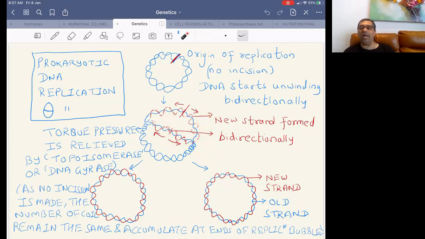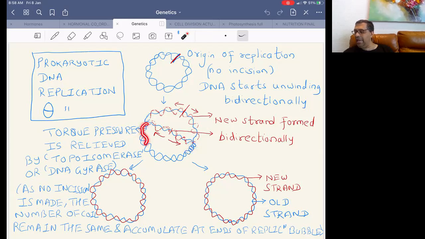Torque pressure relieve हो जाएगा, and then the cut ends are stuck to each other, and the DNA again becomes coiled. So ये coil था, highly coiled, यहाँ cut हुआ, and torque pressure relieve हो गया, and the cut ends again stick.